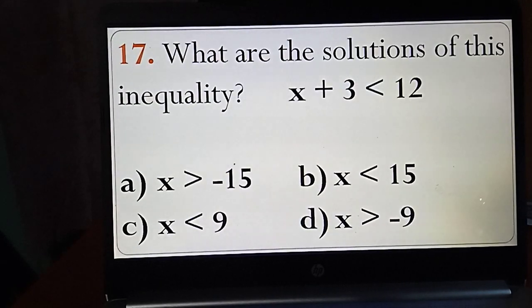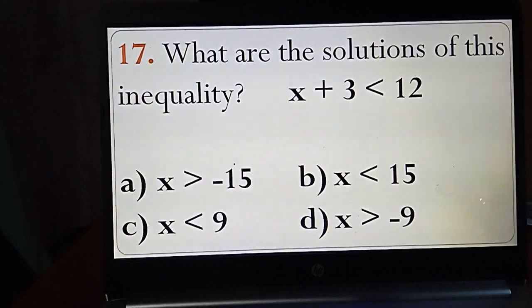Number 17. What are the solutions of this inequality? x plus 3 is less than 12. So transpose 3 to the right side. So it becomes x is less than 12 minus 3.